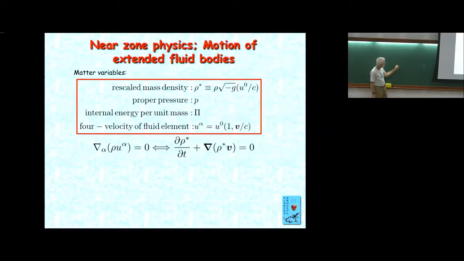And so this expression just looks like a continuity equation, our old friend, the Newtonian continuity equation, but not for rho, but for this combination: d0 rho star plus the ordinary divergence of rho star times v vanishes. So the conservation of baryon number gives us a continuity equation, not for rho, but for this special rho, this rho star.